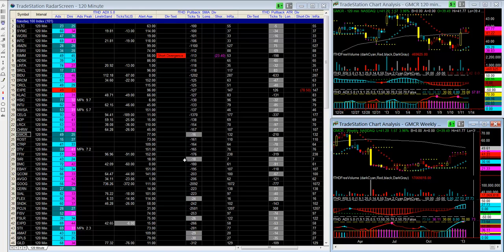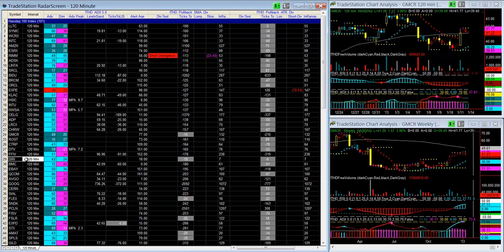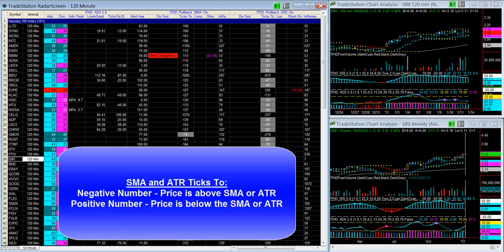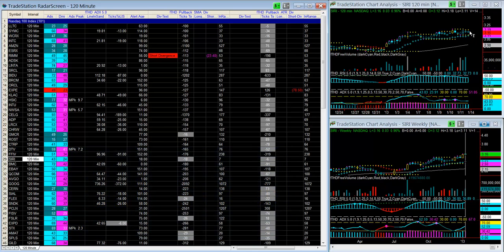So let's go to the next one, which is SIRI. You can see these are highlighted in gray, and I'm choosing them by the ones that are closest. A negative number tells me that it is above the SMA. So when I go to SIRI, I can see that this is above the SMA by 18 ticks.